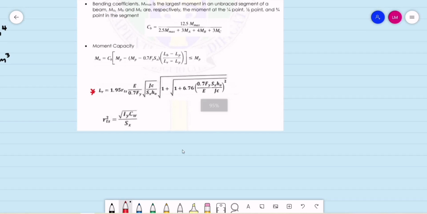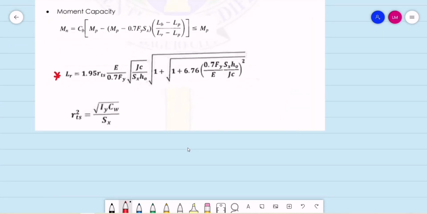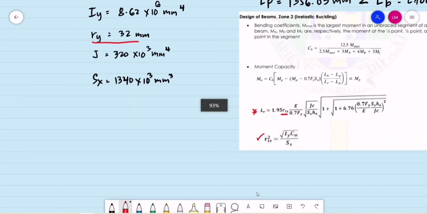So to determine which zone, we need the value of L sub R, which is equivalent to this very long equation. What are the values needed? We need the value of r sub ts. We have an equation: r sub ts squared is equal to the square root of the moment of inertia with respect to the y-axis times the warping constant, C sub w, divided by the section modulus with respect to the x-axis.